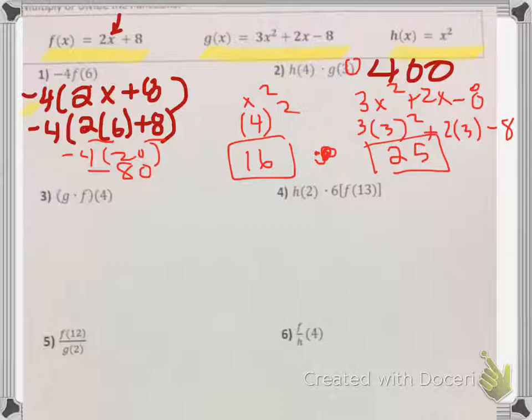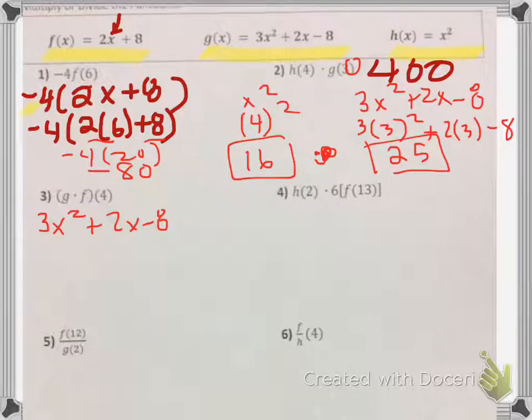All right, this next one right here, it asks us to either times f and g together first and then put a 4 through it, or we can put 4 through each one of those and then times the values together. I think I'm going to choose to put 4 through g and then put 4 through f and then multiply those numbers together. So the first function I'm going to grab is my g function, and it's 3x squared plus 2x minus 8.